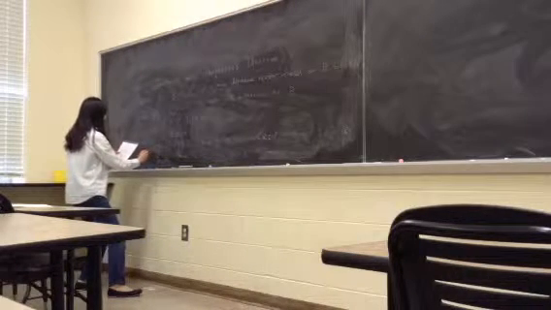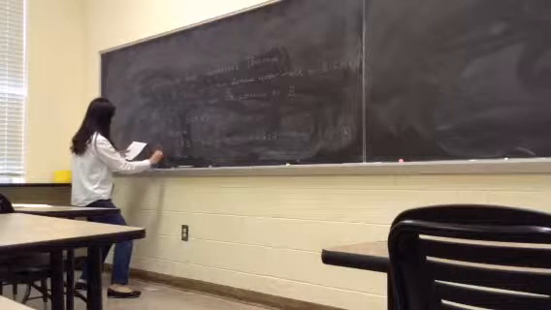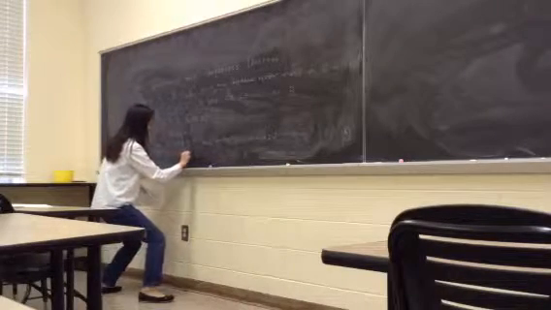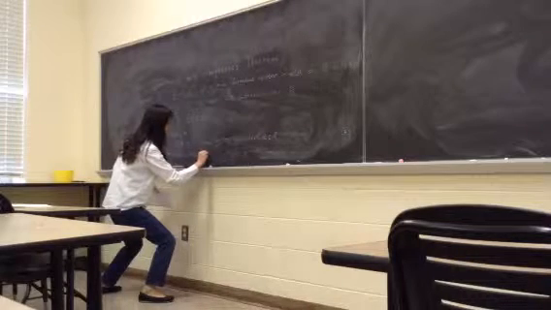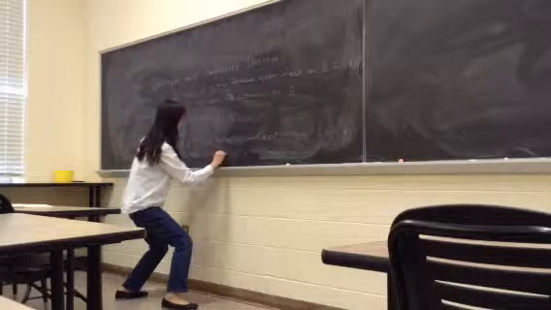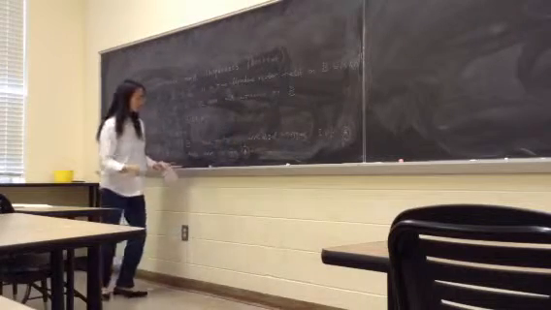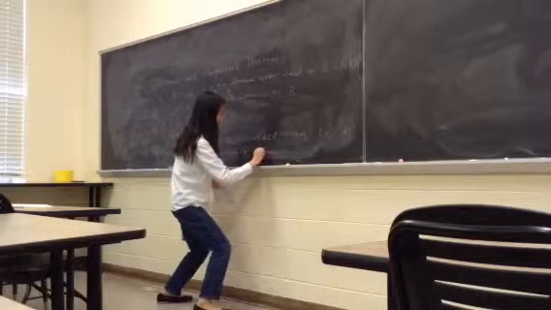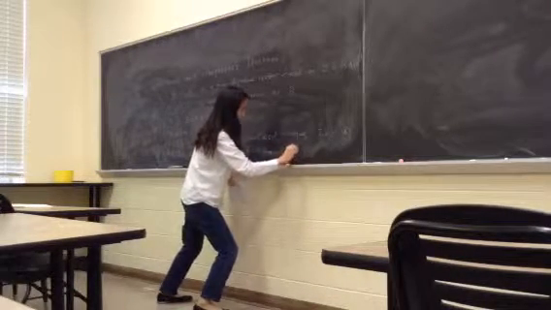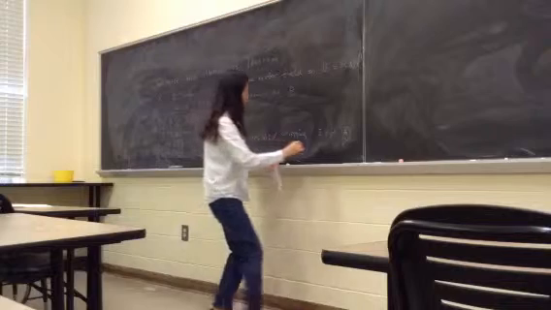So if gamma from some interval to Rn is another curve satisfying the same system, then alpha is the same as gamma on some interval.